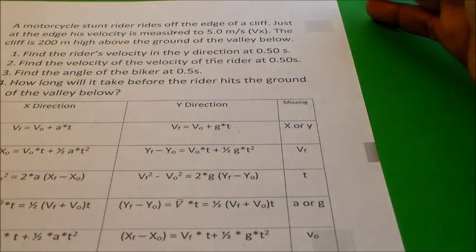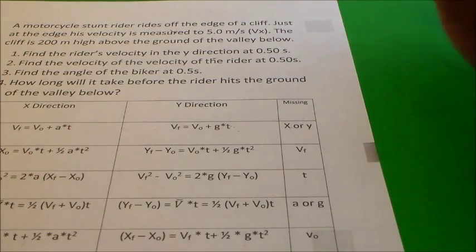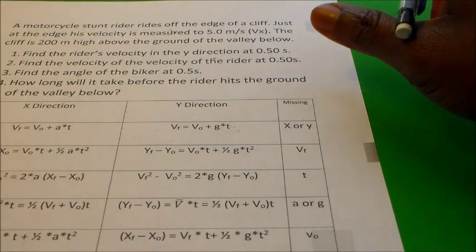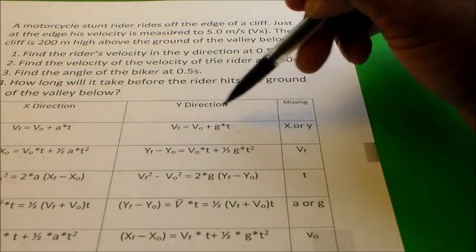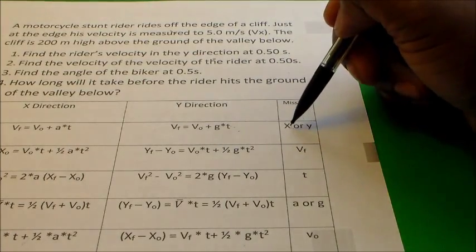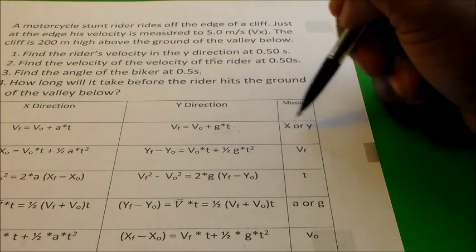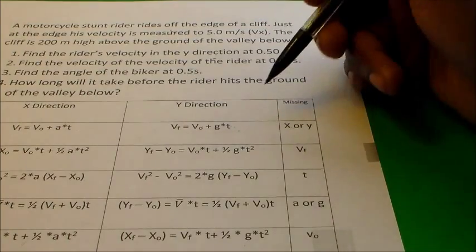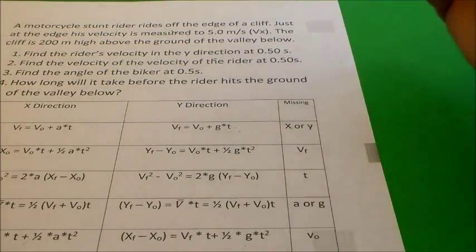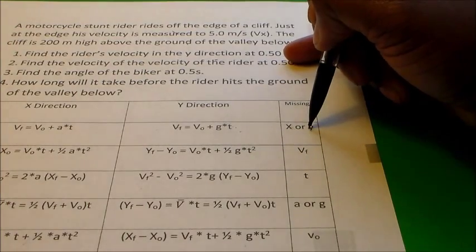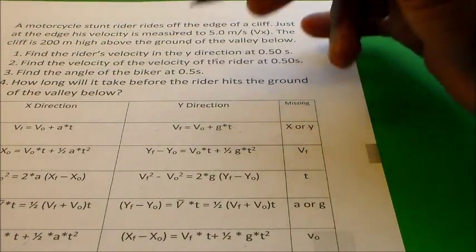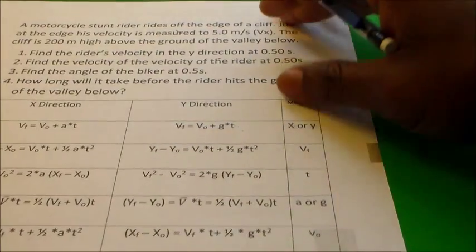The kinematic equations cover problems dealing with velocity, distance, acceleration, and time. Of those variables, distance is what's missing, or displacement, whichever way you want to look at the problem. Let's use the term displacement in this case. Displacement is what is missing from the equation here.